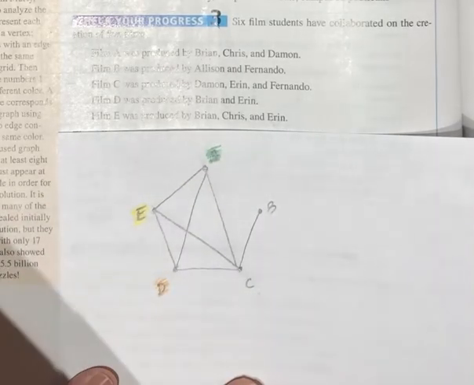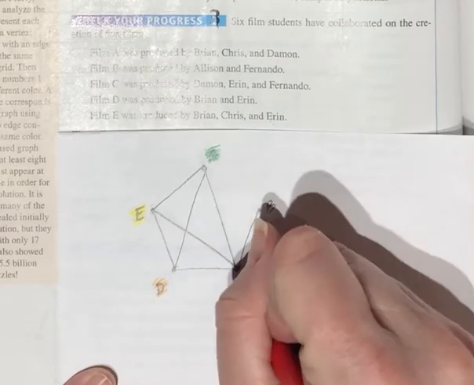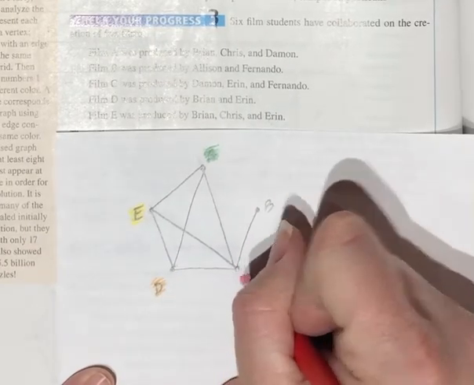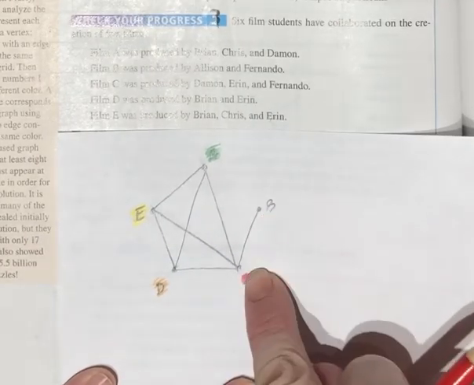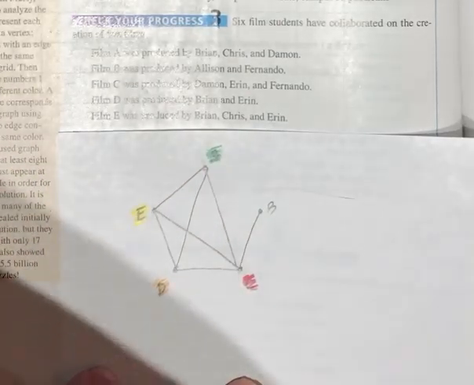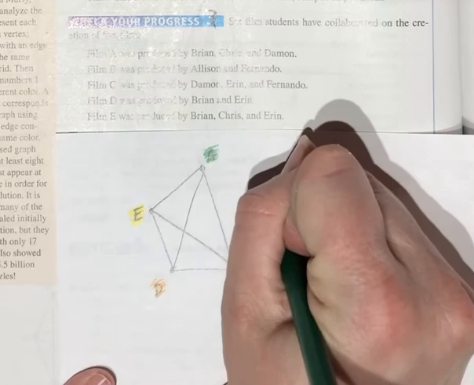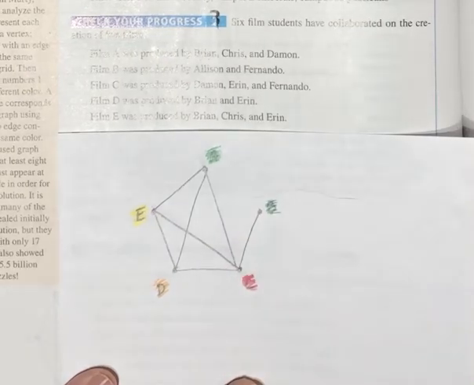C can't be the same as any of those, so C has to be yet another time slot. So we're now up to 4 time slots. And then B just can't be the same as C, so B can be any time I want it to be. I'll put it right away at the same time as A.